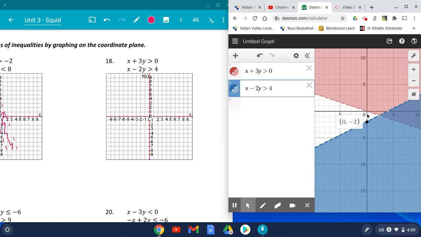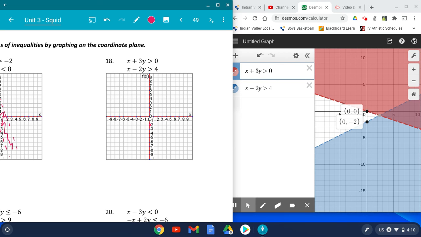It's not always nice, easy lattice points. So we got one here, one there, and about right there. And then the double shaded area is over here.